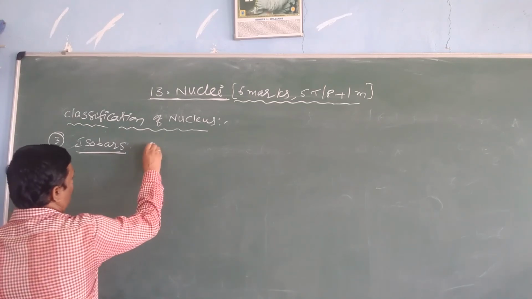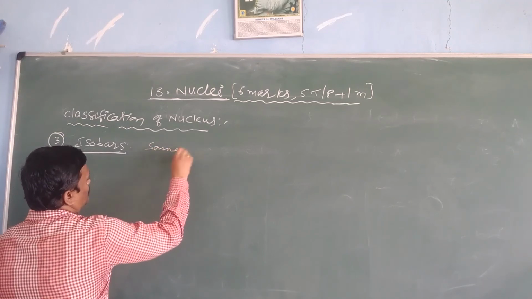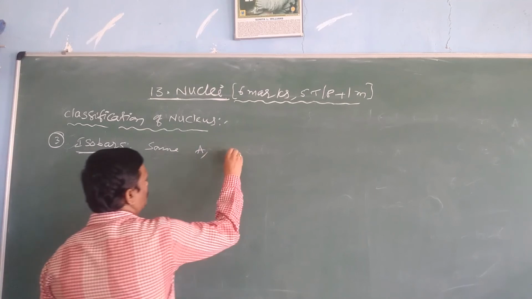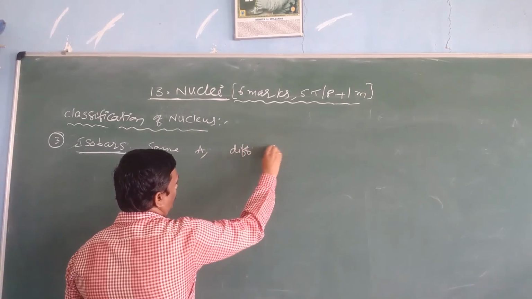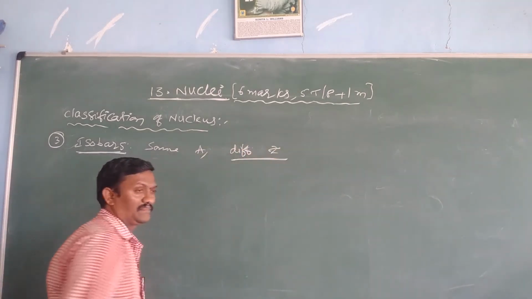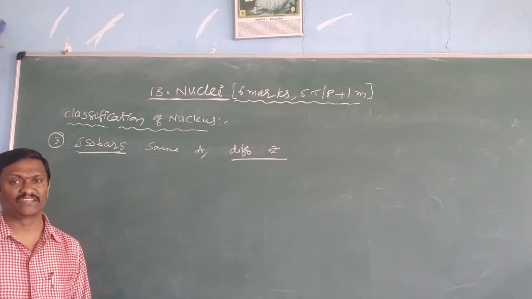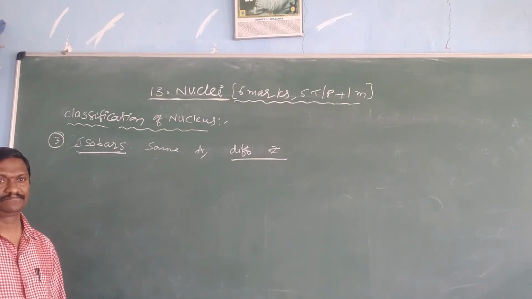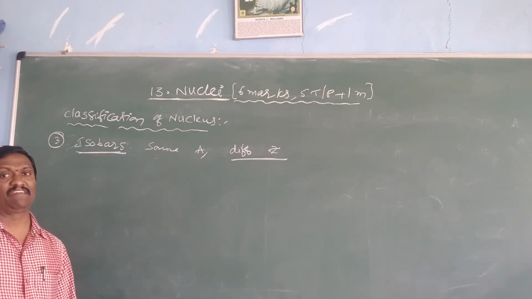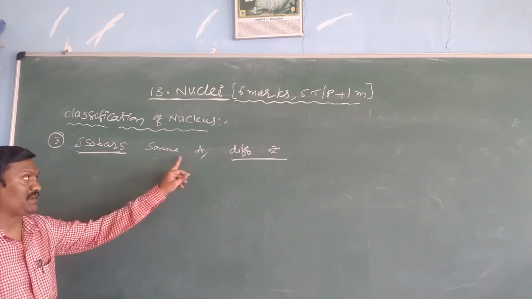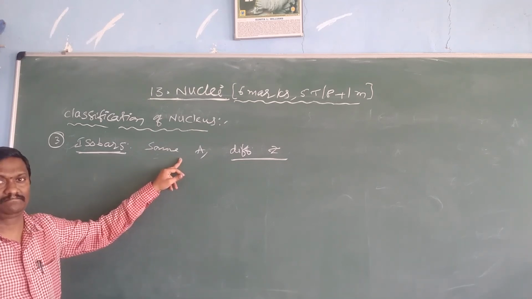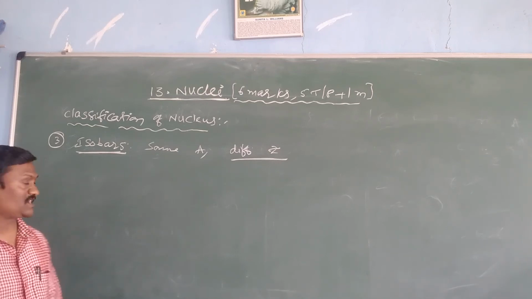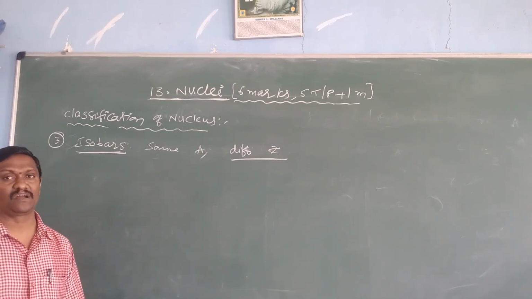The nuclei which have the same mass number but different atomic number, such a classification is called isobars. So in isobars, different nuclei have the same mass number but different atomic numbers. Such a third classification is called isobars.